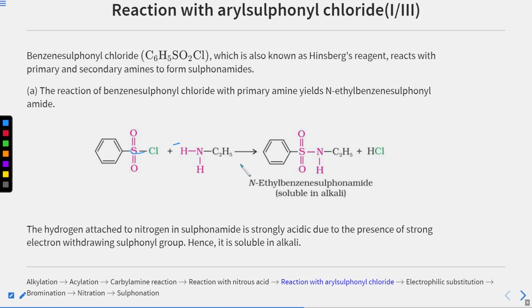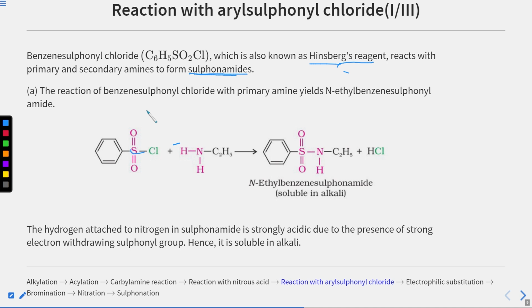This reagent is also termed the Hinsberg reagent. We treat our primary and secondary amine with this Hinsberg reagent to form sulfonamides. Now this reaction is very important because it is used as a distinguishing factor, because it reacts differently with different degrees of amines. In fact, it does not react with tertiary amine.